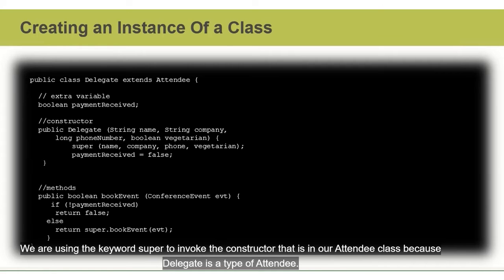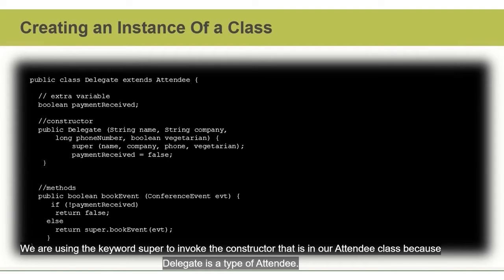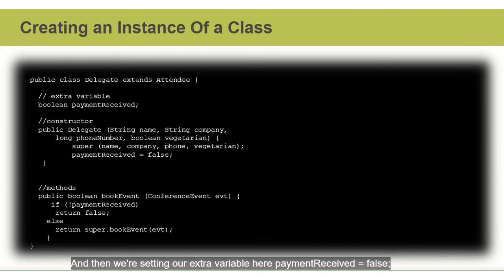We're using the keyword super to invoke the constructor that is in our attendee class, because delegate is a type of attendee. So anytime that we have a child class that has a constructor, we need to invoke the superclass constructor as well. And then we're setting our extra variable, payment received, equal to false.